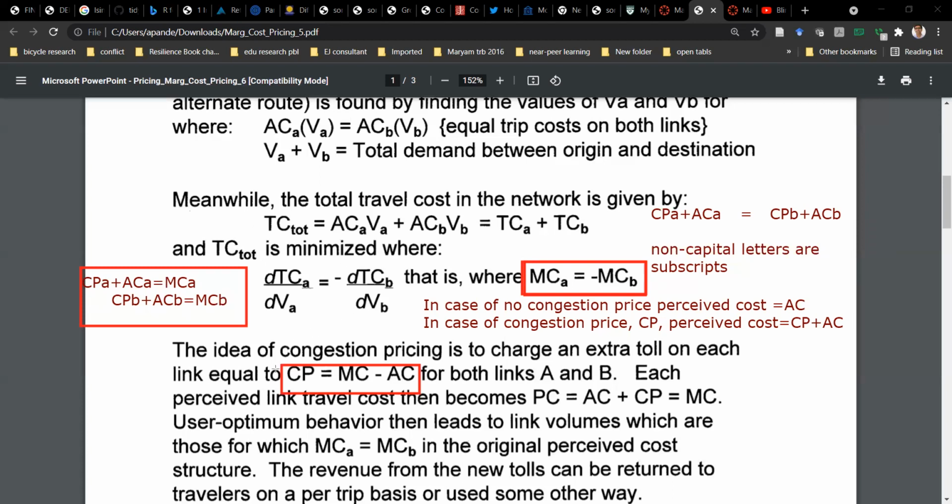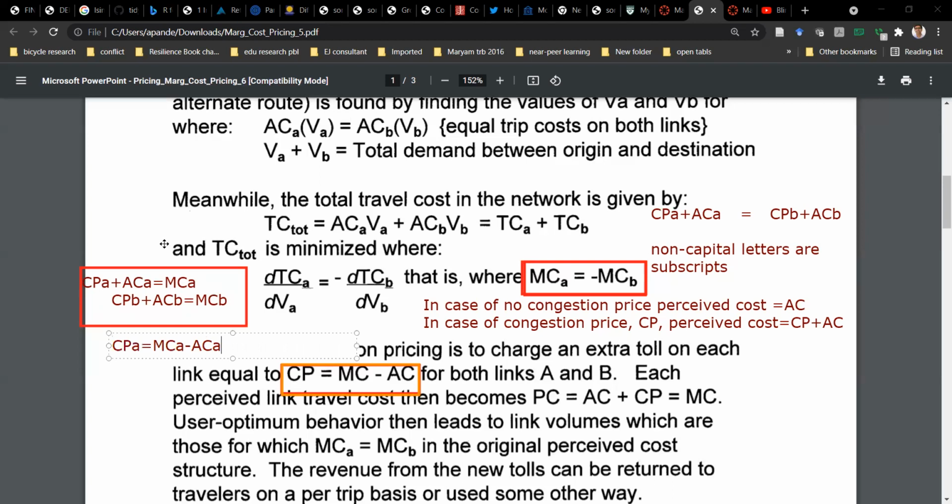This is where you know that the congestion price that you want to charge on any link has to be the difference between the marginal cost and average cost. So CPA would be MCA minus ACA.